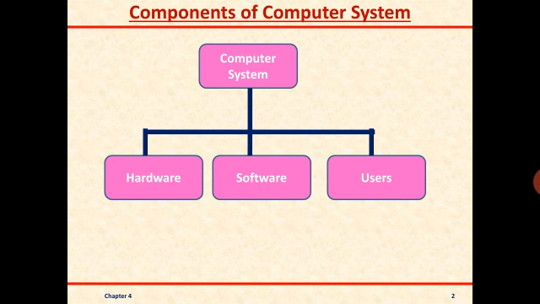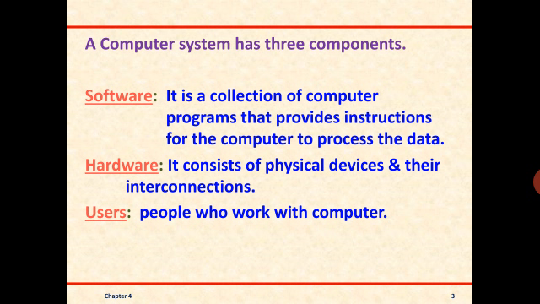A computer system has three important components. You can see in this diagram: hardware, software, and the users. Hardware consists of the physical devices and their interconnections for the purpose of storing and executing a program.